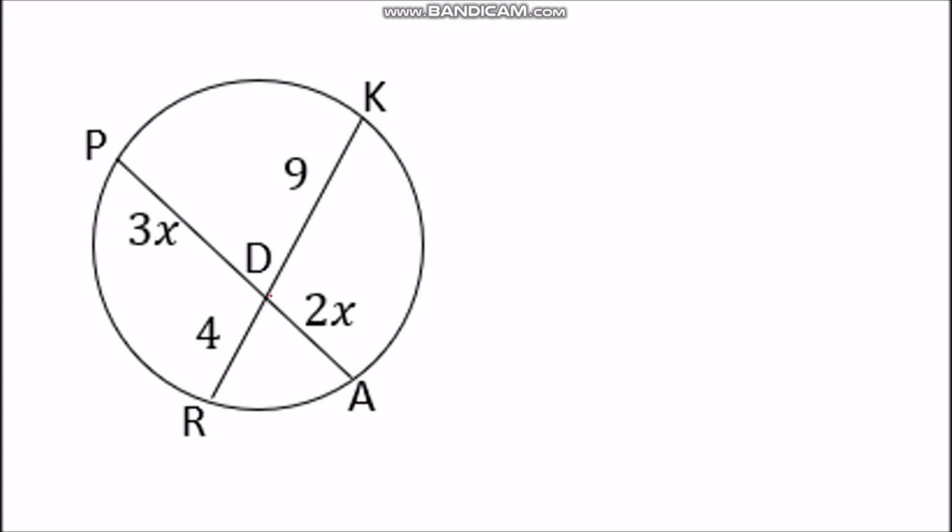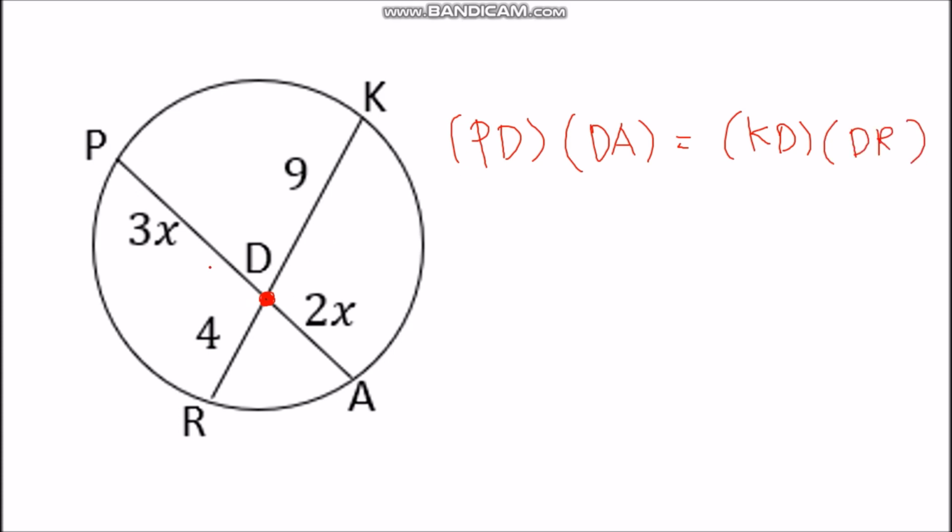And their point of intersection is an interior point, which is point D. So applying now Theorem 115, we can say that PD times DA will just be equal with KD times DR. Now again, our goal is to solve for the value of X. So after making the equation, just simplify it until we reach the value of X. So PD is 3X multiplied to DA, which is 2X, equal to KD, which is 9, and DR, which is 4.